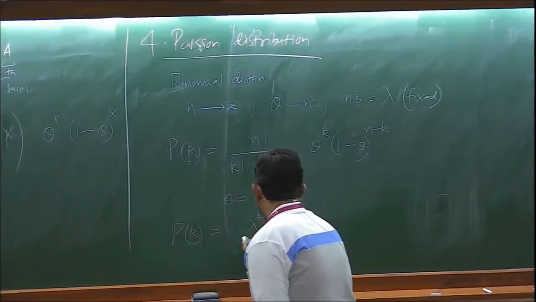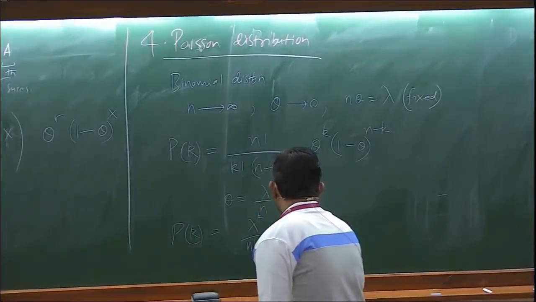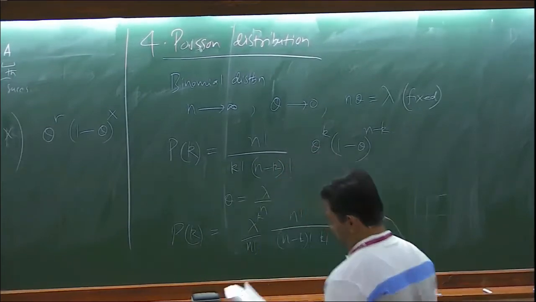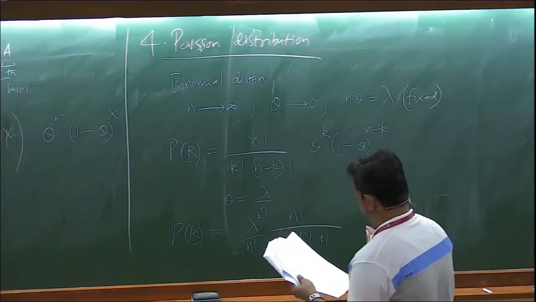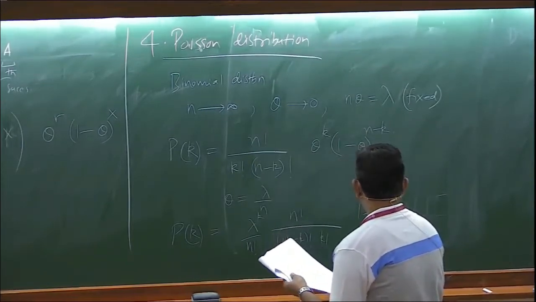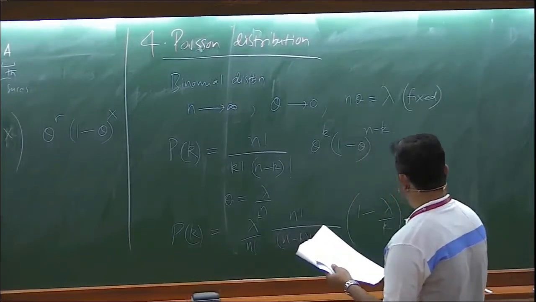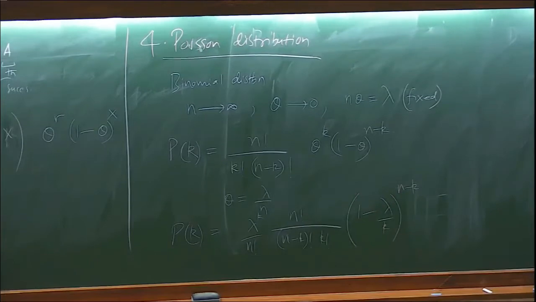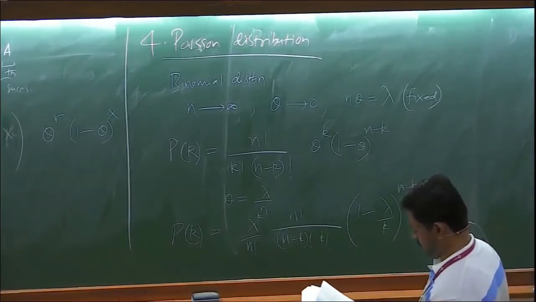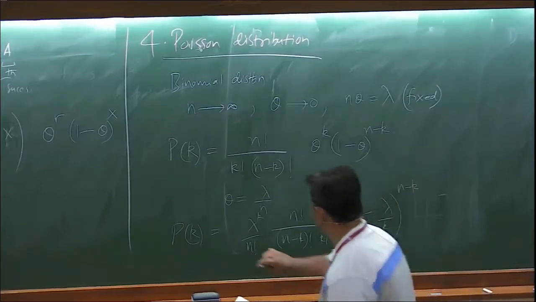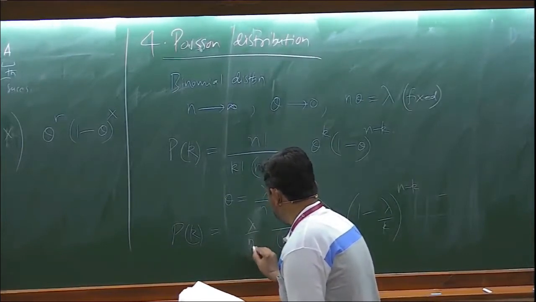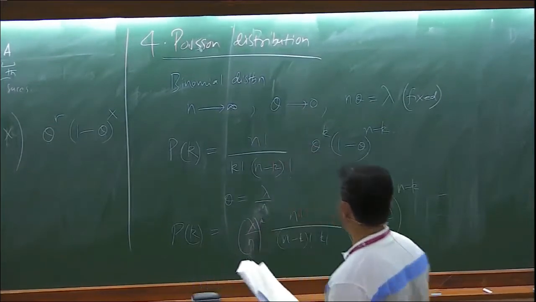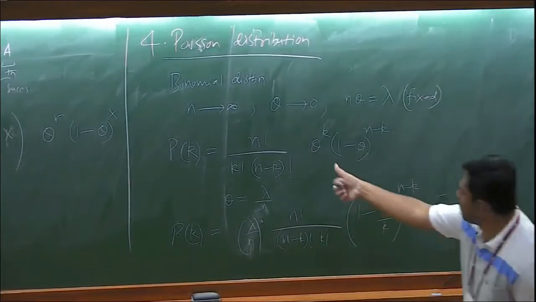That will be lambda to the power k by n factorial times n factorial by n minus k factorial, k factorial, times 1 minus lambda by n whole to the power of n minus k. This is just putting the value of theta equal to lambda by n.